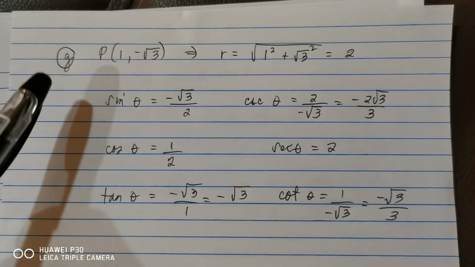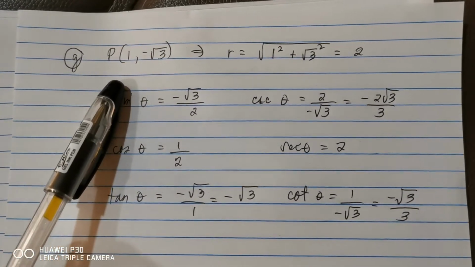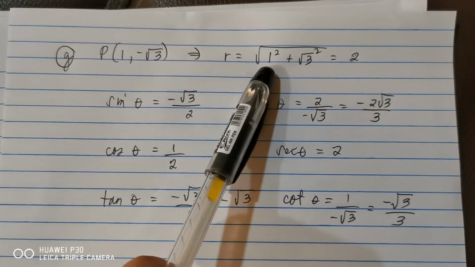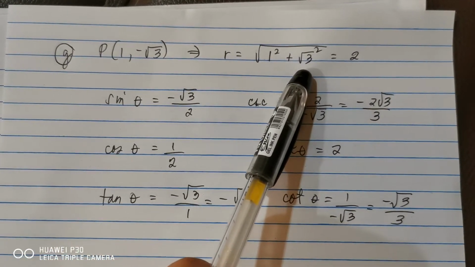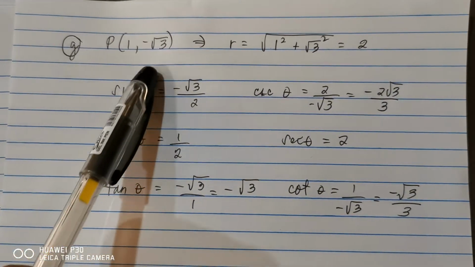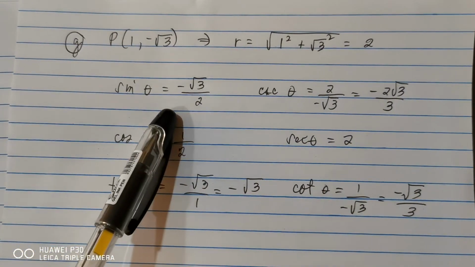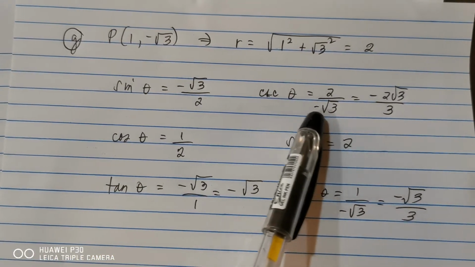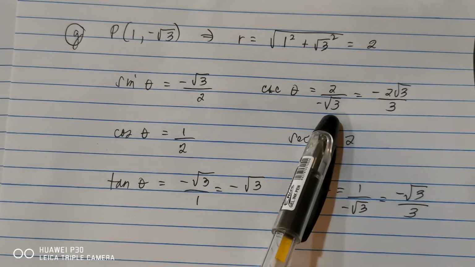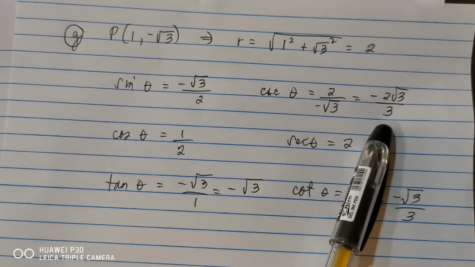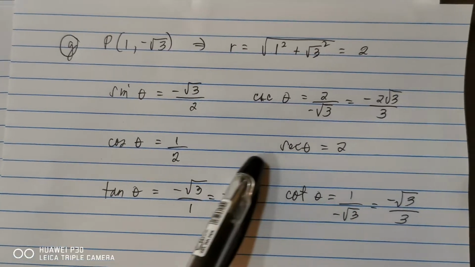Letter G. We are given the point (1, negative square root of 3). So r is equal to the square root of 1 squared plus the square of square root of 3, which is 2. Sin theta is y over r, which is negative square root of 3 over 2, and the reciprocal, cosecant theta, is equal to 2 over negative square root of 3, or negative 2 square root of 3 over 3 after rationalization.